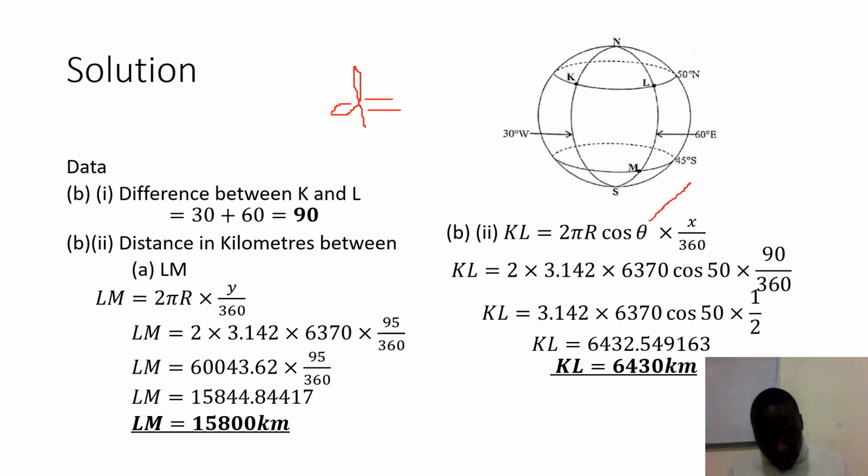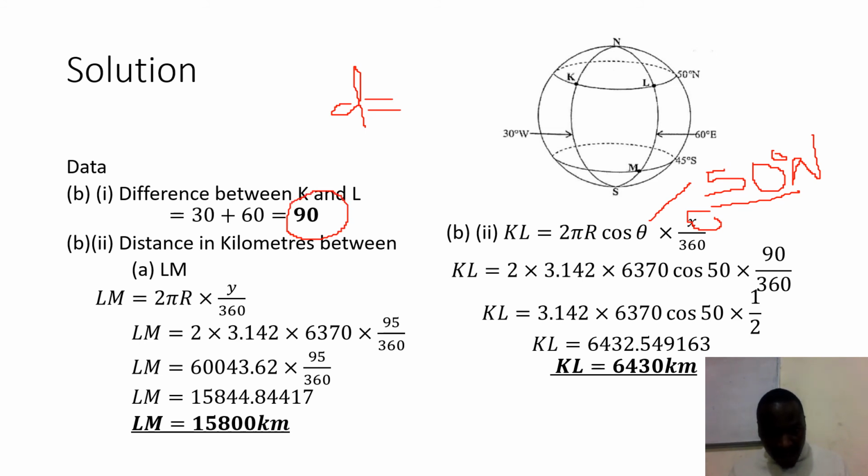You can see that K and L are on a latitude 50 degrees north. Latitudes are always described as either north or south. So in this case, the latitude is on the north. And this x is the difference between the 2 points, K and L, which we already calculated as 90.